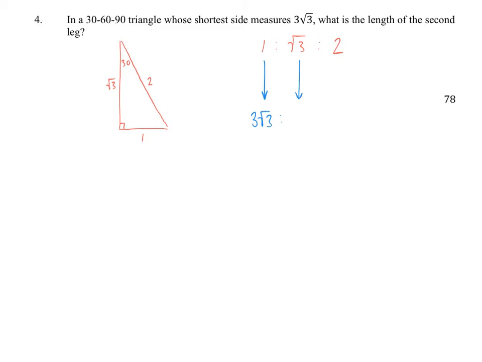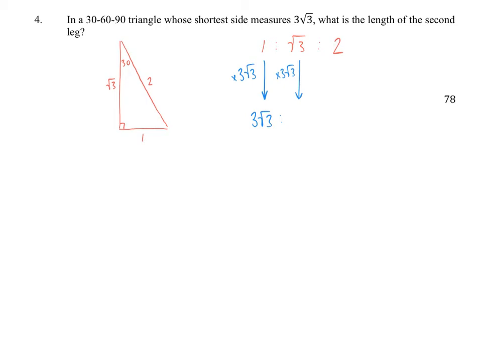Well, to go from 1 to 3 radical 3, I envision it being multiplication by 3 radical 3. 1 times 3 radical 3 gives you 3 radical 3. So now you just have to do the same to radical 3.